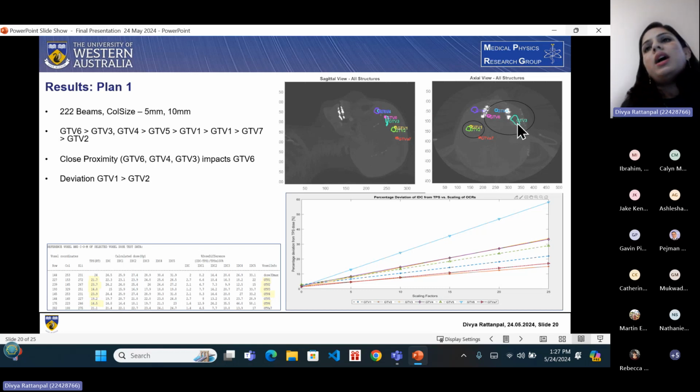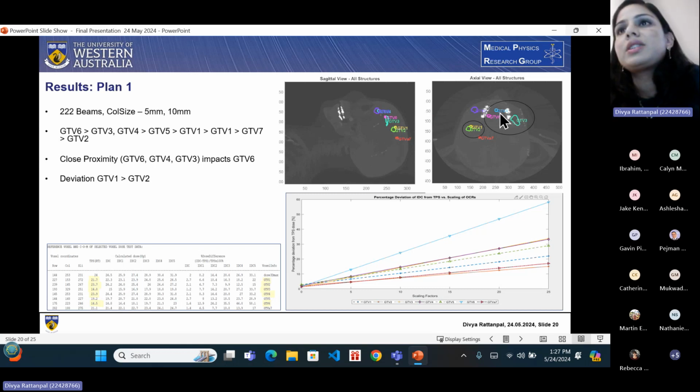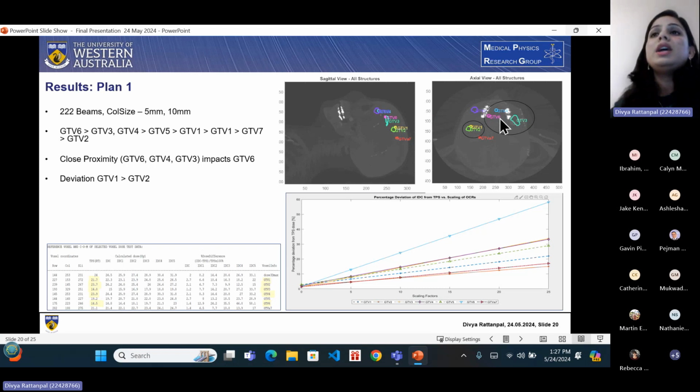So a much larger size can contribute more peripheral dose, and the higher prescribed dose of GTV4 could have an impact on GTV6. The peripheral dose spills over onto GTV6, so it may have resulted in more deviation for GTV6.